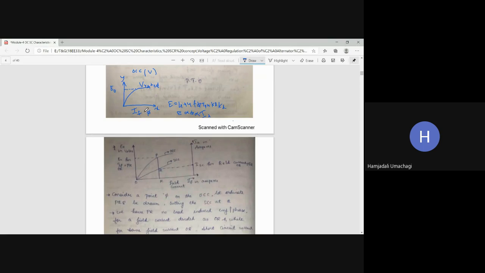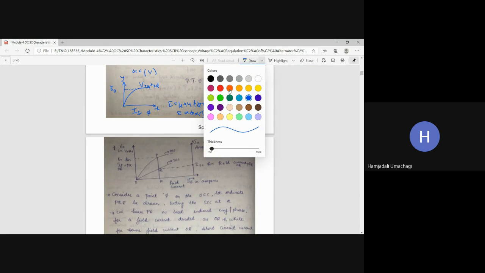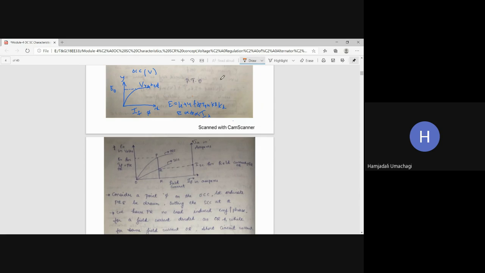Sir, shall I explain SCC now? SCC, short circuit characteristics. So for SCC, the graph, SCC stands for short circuit characteristics.